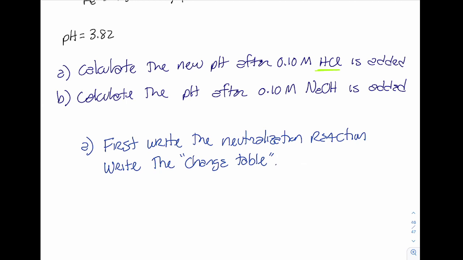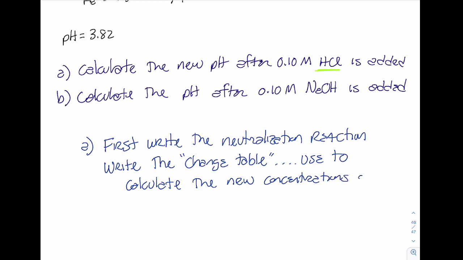We're going to use that for the new concentrations of our acid. I'm just going to use HA. In this case, it would be formic acid, and its conjugate base. In this case, it would be formate, right?